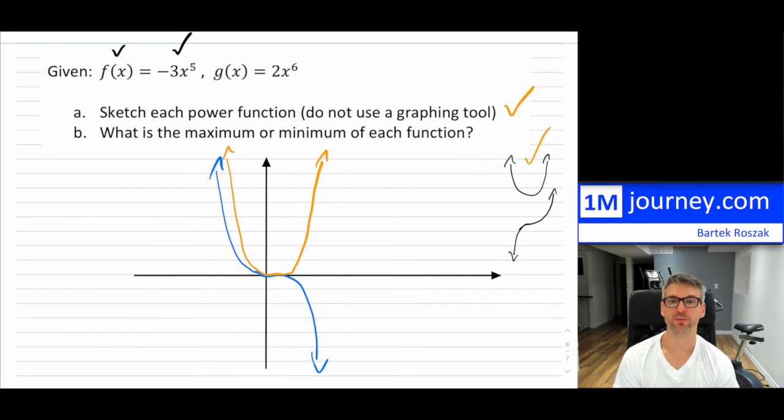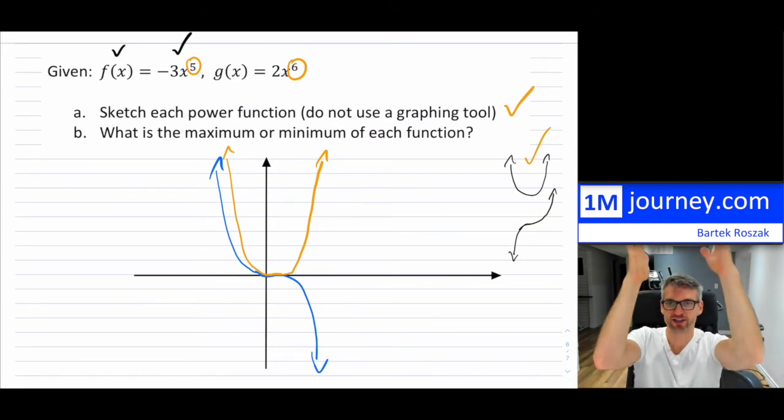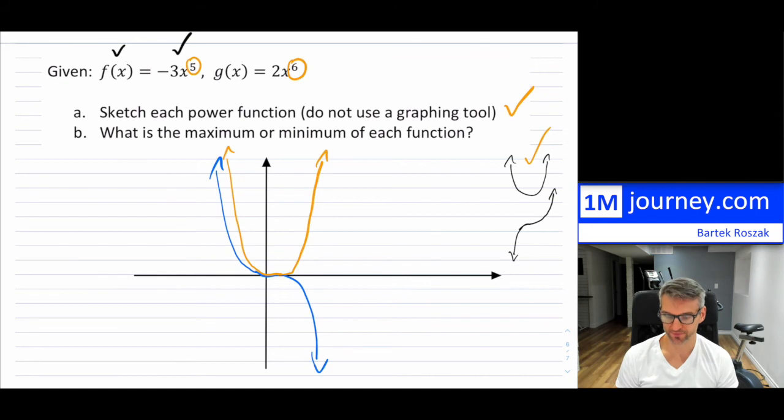And you can put them up on decimals just so that you can see it. Notice this one's to the 6, this one's to the 5. So the orange one is, as x gets bigger, both positive and the negative values as they kind of grow, that one will actually stretch closer faster than the x to the 5. So that's what we have.